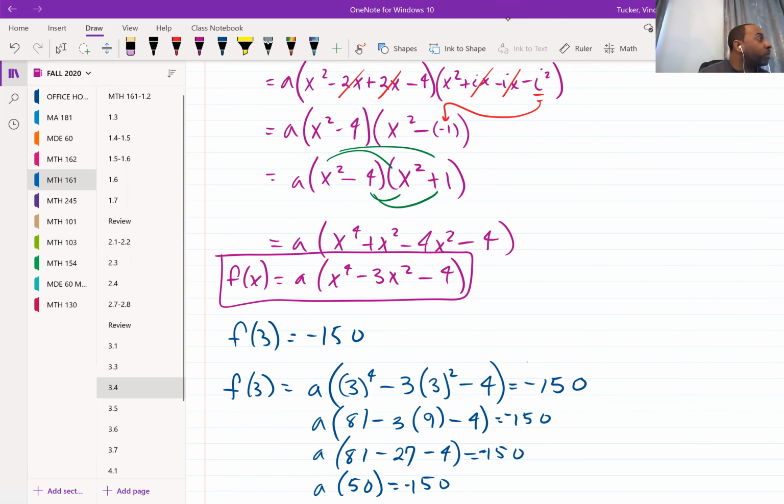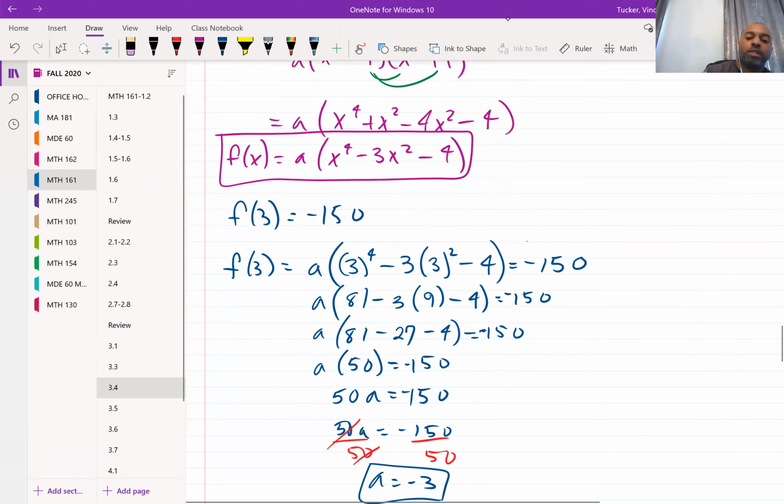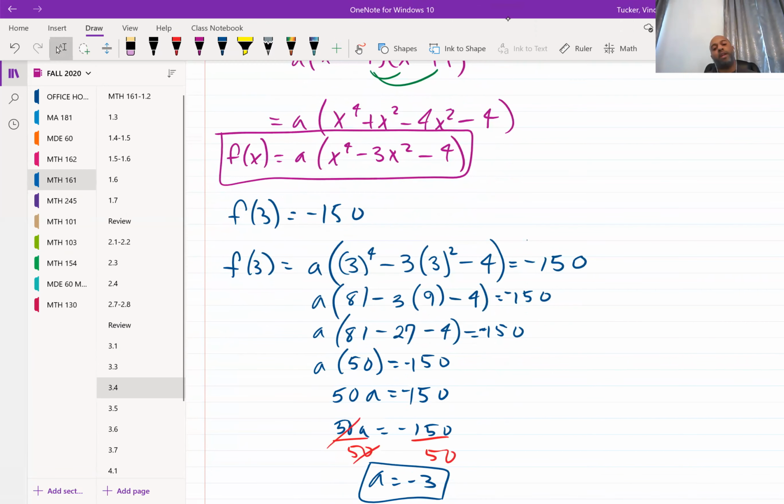So 3 to the fourth is 81. 3 squared is 9. 3 times 9 is 27. So you got 81 minus 27 minus 4, which will give me 50. So that leaves me with 50a equal to -150. Divide by 50, a is equal to -3.